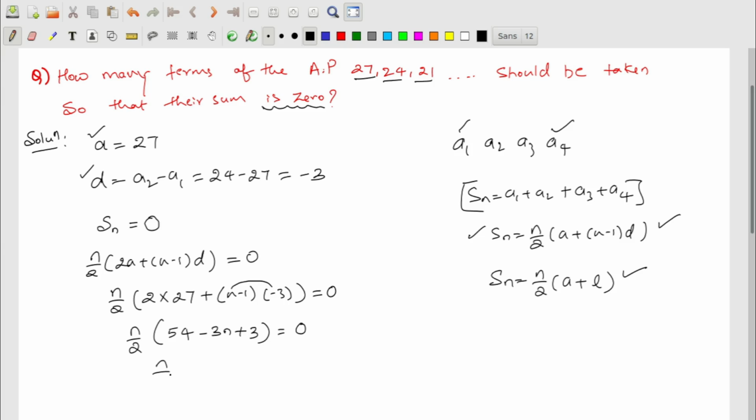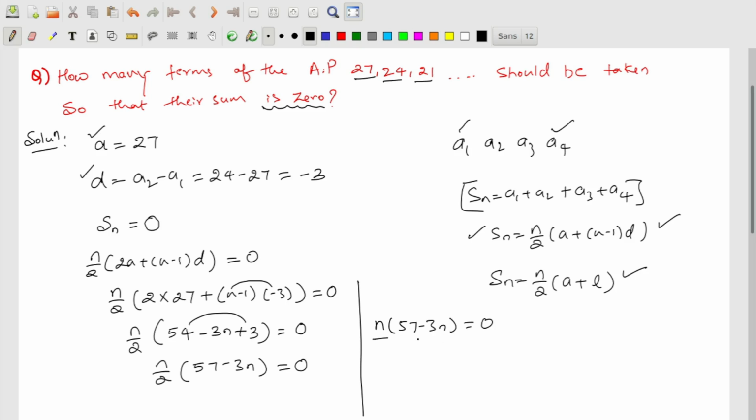Then n by 2, and here 54 plus 3 will give 57, and then minus 3n is equal to 0. You can take this 2 to the RHS, where it becomes 0. Then you will be left with n into 57 minus 3n is equal to 0.